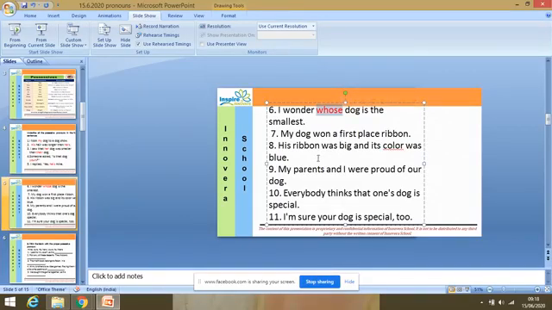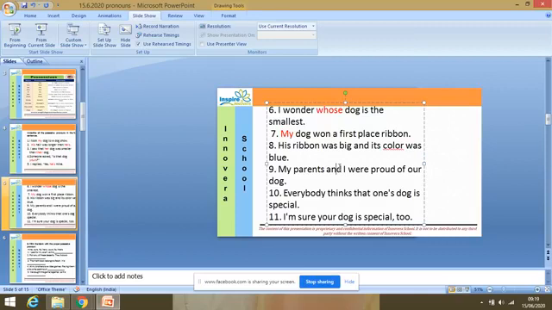Seventh one: my dog won a first place ribbon. So here you will find that my is the possessive pronoun. Okay. Next: his ribbon was big and its color was blue.